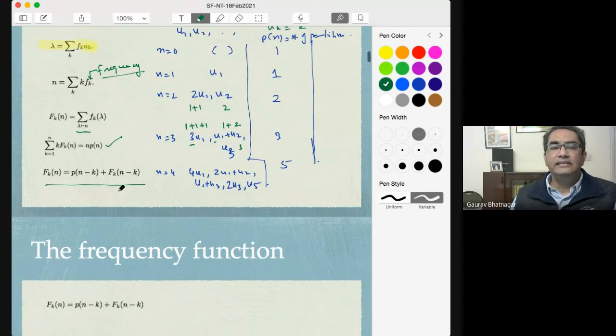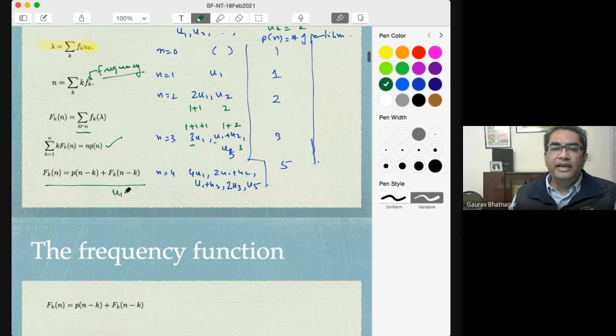This is a recurrence relation. What am I doing here? I'm saying the number of k's which come in the partitions of n. So each time I'm getting a partition of n, and it has a k in it, I can basically get it by adding uk.